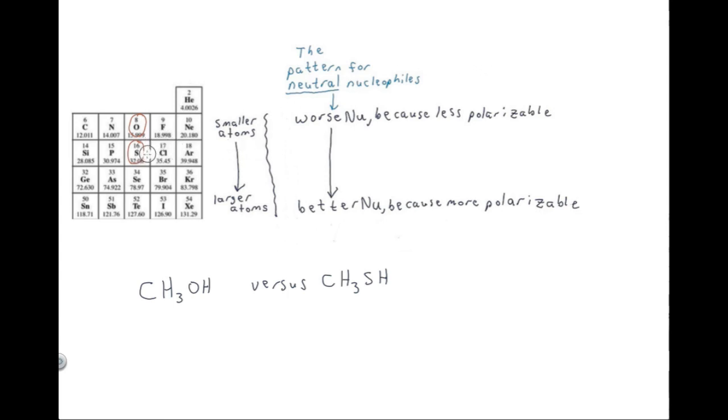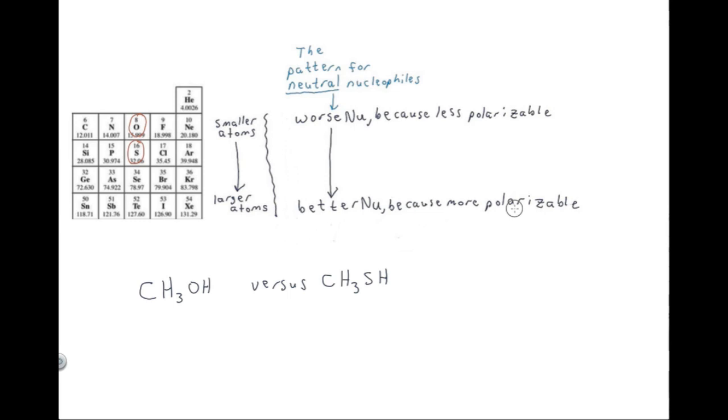Now, why is the larger atom the better nucleophile? It's because the larger atom is more polarizable. Now, obviously, that raises the question, what is polarizability and why does that make something a better nucleophile? But I'm actually not going to go into those details in this video because you're usually not going to be tested directly in any more detail than I've already discussed about these issues.